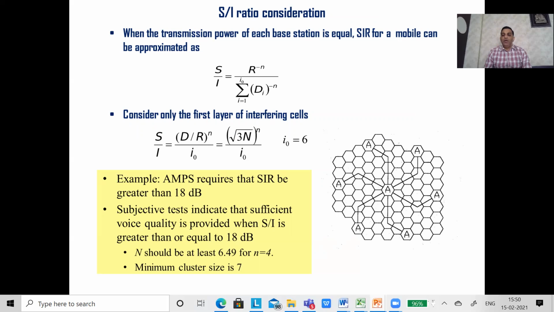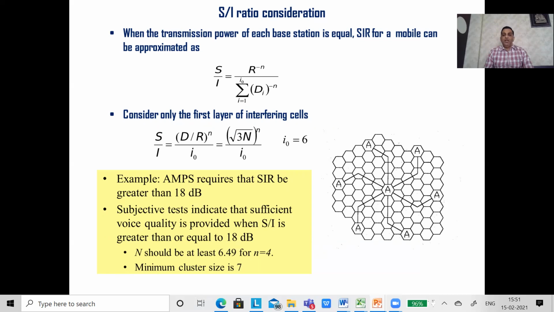Now if you are able to find out co-channel cells of the cells located around the central cell, then that will become the second layer of interfering cell. Similarly, there are multiple layers when we are calculating the number of co-channel cells, and that depends on the region of coverage, that means area of the coverage.